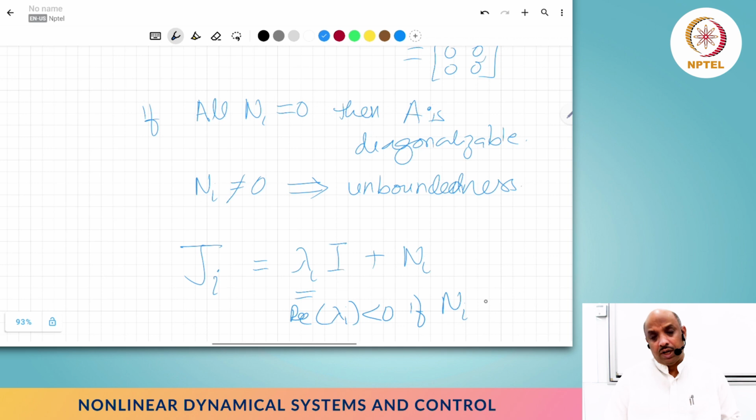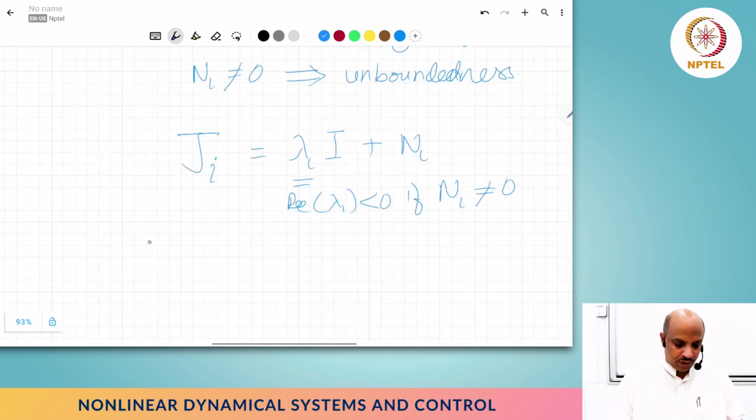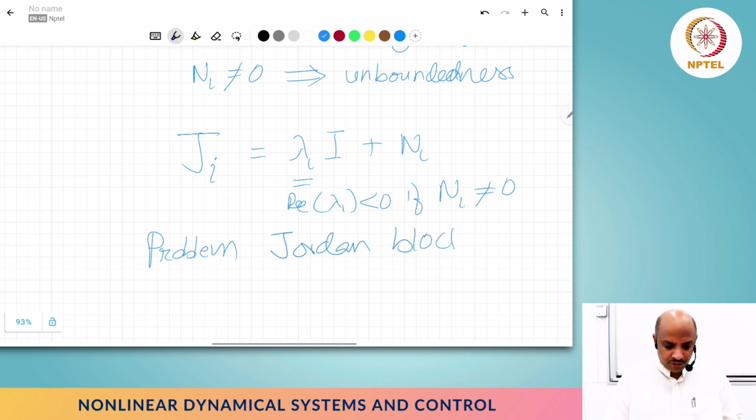Then we'll have convergence, right? So the problem Jordan matrix is the following. It is when the real part of lambda i is 0 along with Ni non-zero. Okay, everything else is fine.